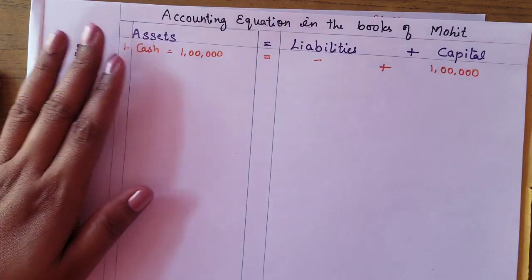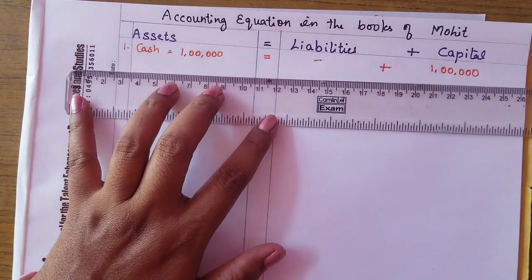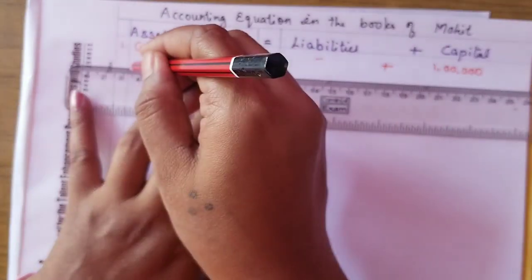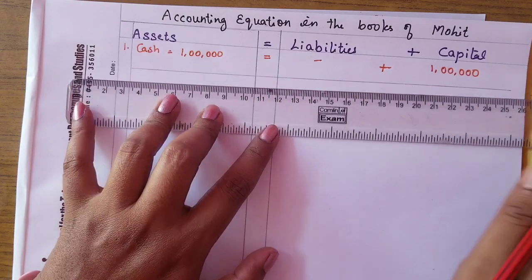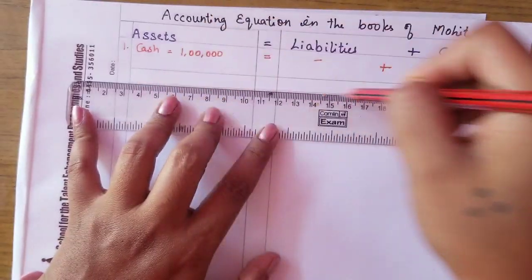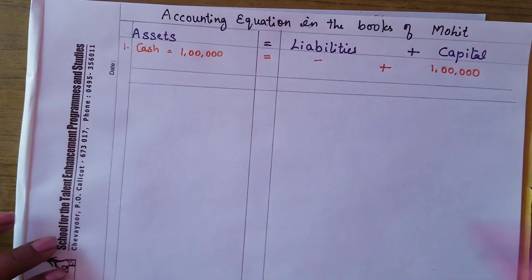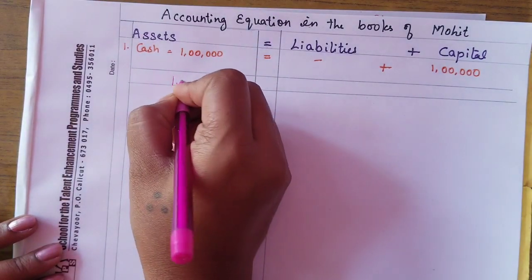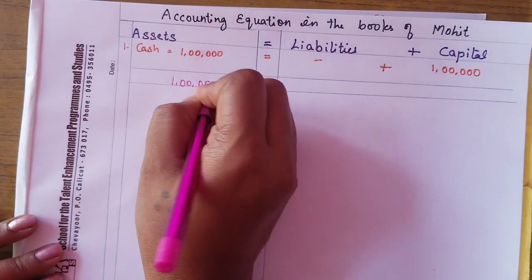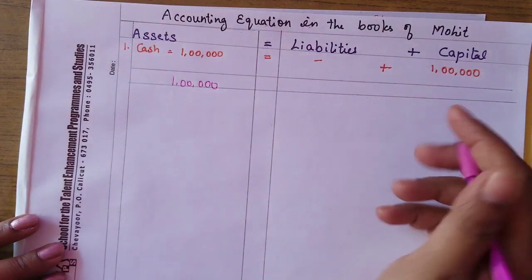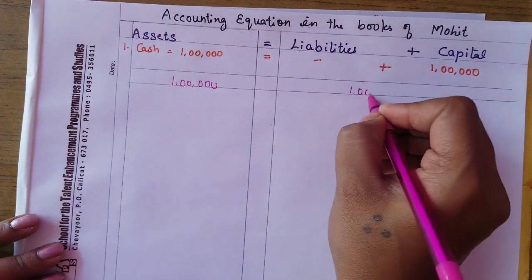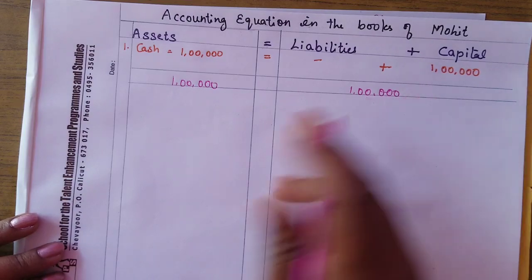So when you do the totaling of both sides, it should be equal. It has to be equal. You can see here the total amount on both sides. Here assets total is 1 lakh and capital plus liability is equal to 1 lakh. Both sides are tallied.